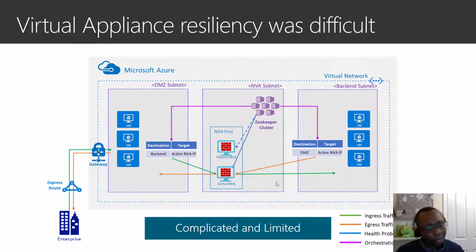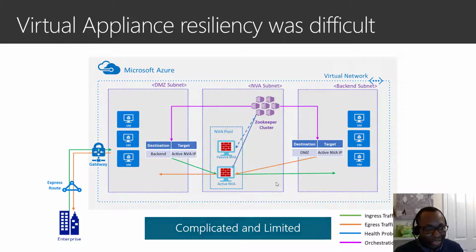I want to load balance across port 80, no problem, I configure port 80. Okay, port 81, let's configure port 81. Now, if you imagine a network virtual appliance where it could be any port, and you want to load balance across 65,535 ports, that can be really difficult to accomplish.